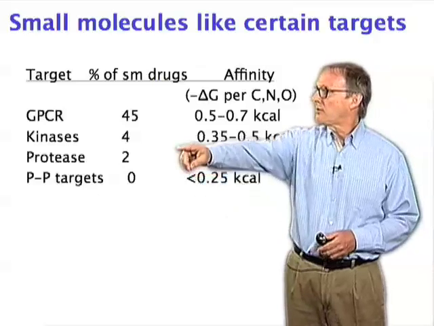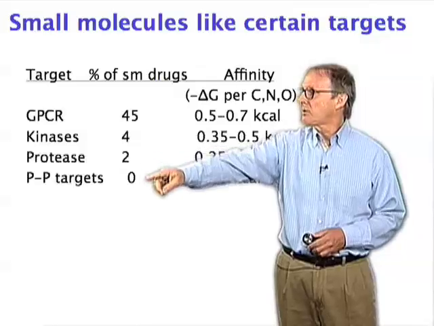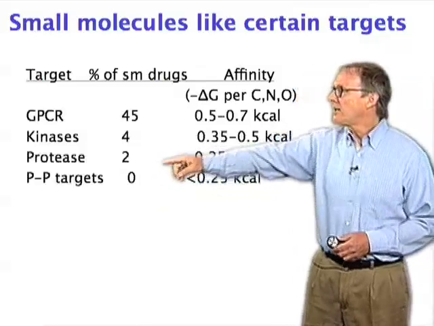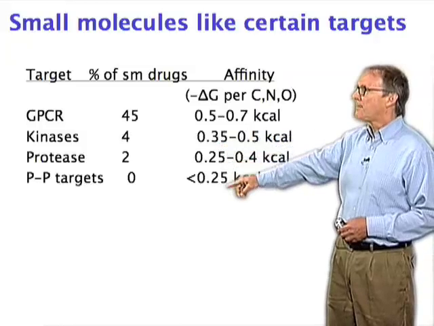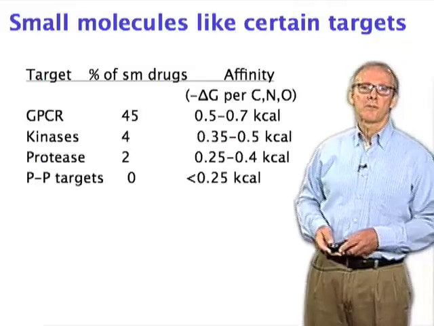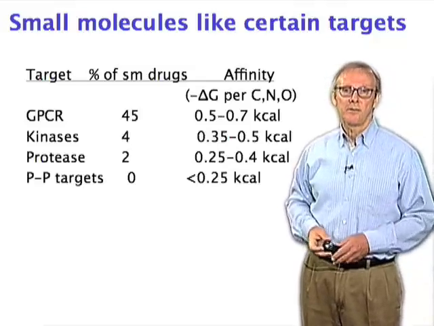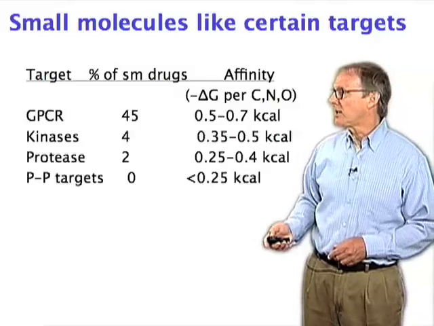Other targets which are of great interest in terms of the biology are kinases that I mentioned, proteases, and protein-protein targets. These targets can bind small molecules, but in general, they bind them weaker than GPCRs, and that probably accounts for why we see so much activity in finding GPCR inhibitors than others.